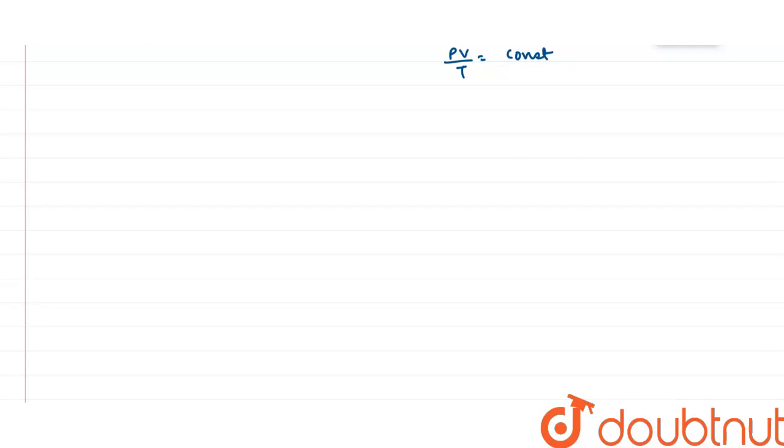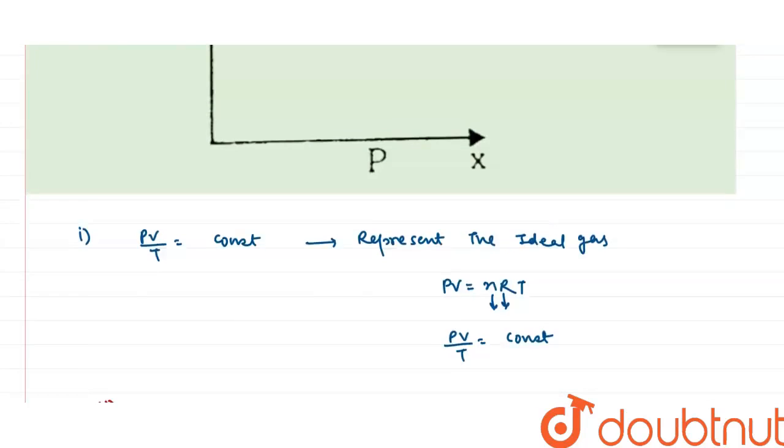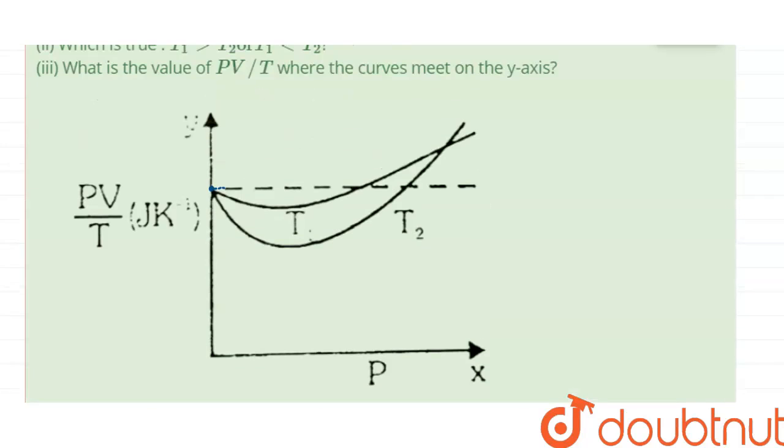Now in the second part they are asking what is true, T1 is greater than T2 or T2 is greater than T1. As you can see in this graph, suppose this is the first graph having the temperature T1, and this is the second graph having the temperature T2. The curve of the gas at T1 is closer to this dotted graph, which shows the ideal gas behavior, than the curve of the gas at T2.